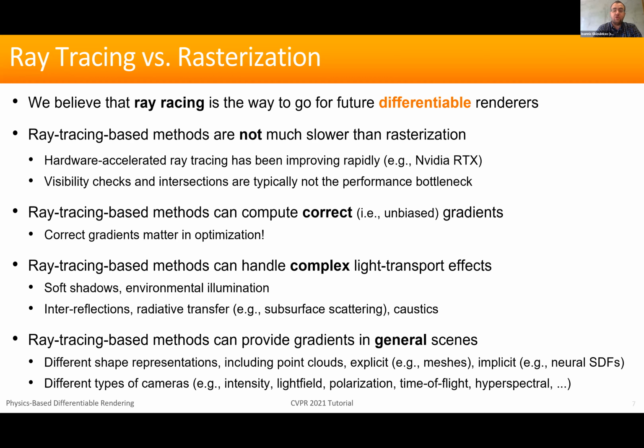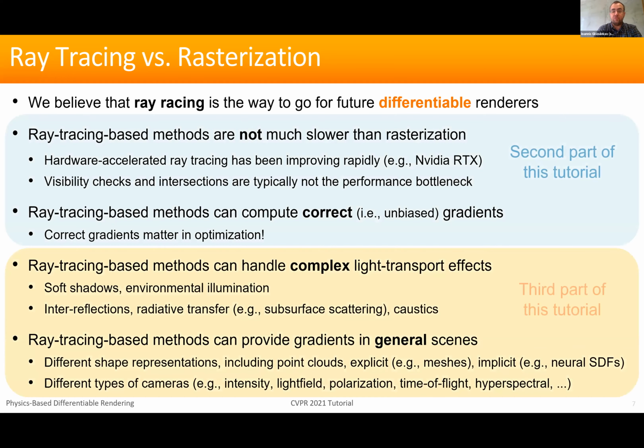So if instead of using a standard intensity-based camera, you're using a light-field camera, a camera that takes into account polarization, time of flight, hyperspectral effects, and so on, all of these are types of measurements that we can easily handle with ray tracing-based differentiable renderers, and we cannot easily handle with rasterization-based differentiable renderers. So in the second part of this tutorial, we'll provide a lot more detail about the top 2 points.